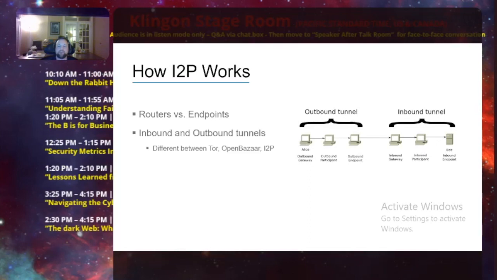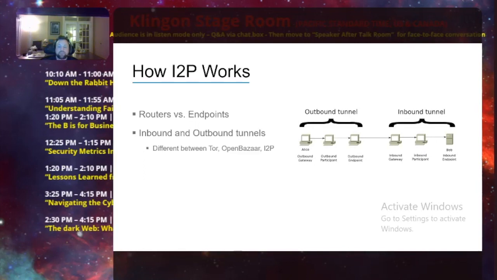The second critical concept to understand is something called the I2P tunnel. A tunnel is a directed path through an explicitly selected list of I2P routers. They are using layered encryption, so asymmetric crypto, so that each router is only able to decrypt the information that it needs to continue to send that out.